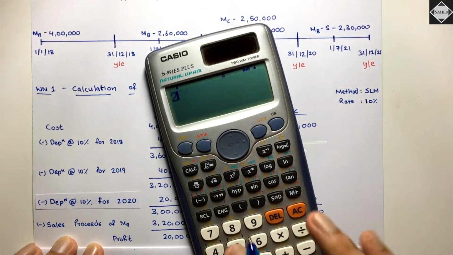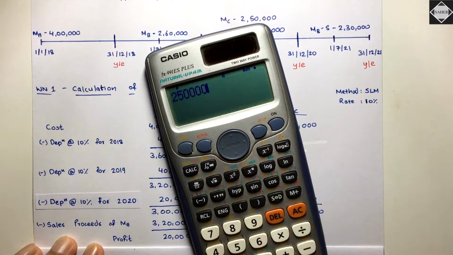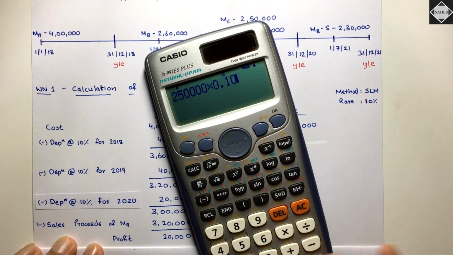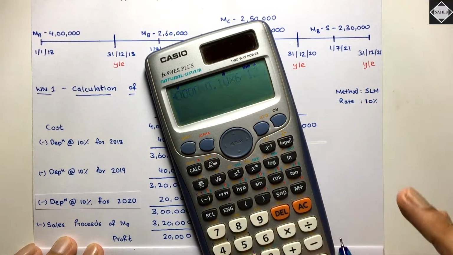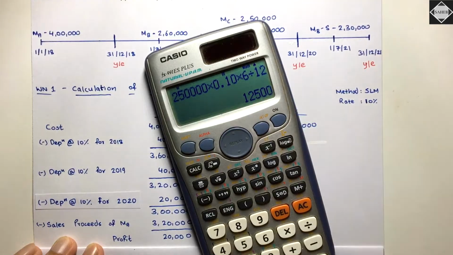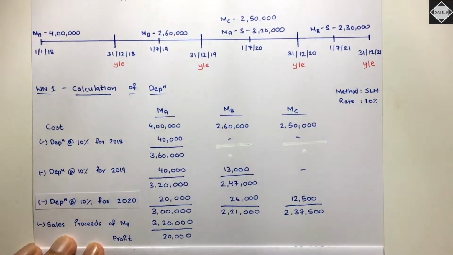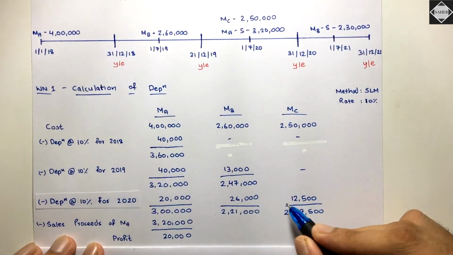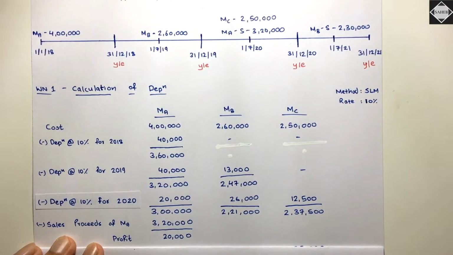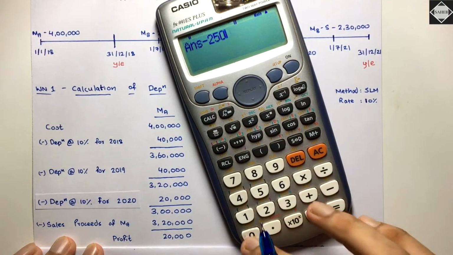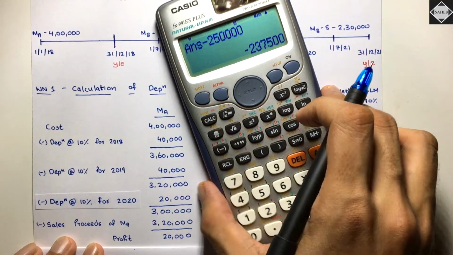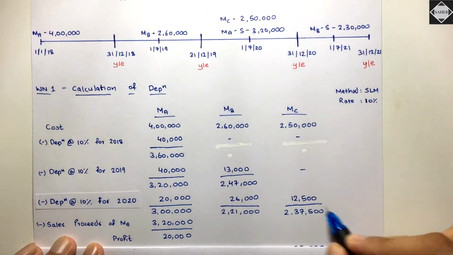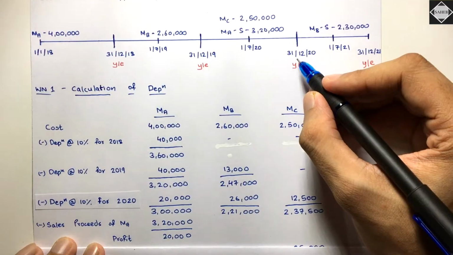So 2,50,000 is the original cost of the machine C, into 0.10 is the rate, into 6 by 12, that's the months of depreciation. So that's equal to 12,500. So 12,500 would be the depreciation on machine C, and if you subtract 12,500 from 2,50,000, that's equal to 2,37,500. That's the WDV on 31st December 2020.